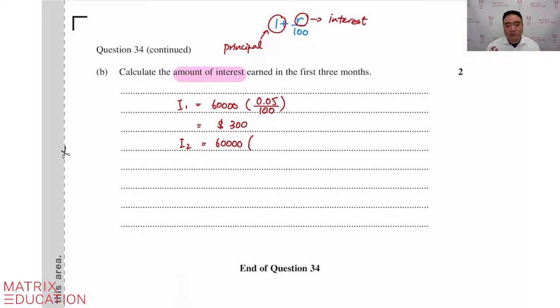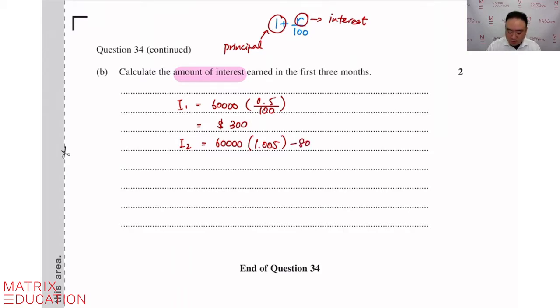The money has to be appreciated by 0.5%, and so this must be multiplied by 1.005, sorry, this should be 0.5. Now in the second month, that 60,000 should be appreciated by 1.005 because it has to include the principal amount.